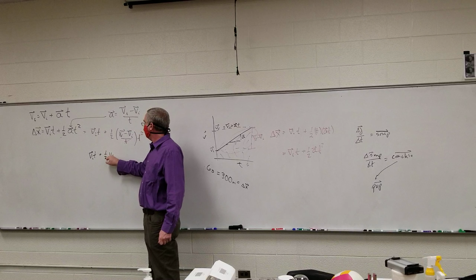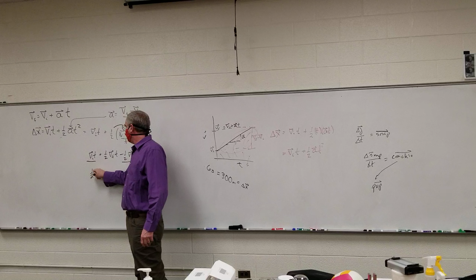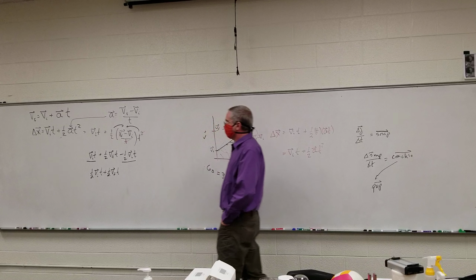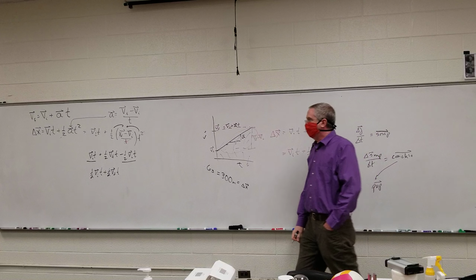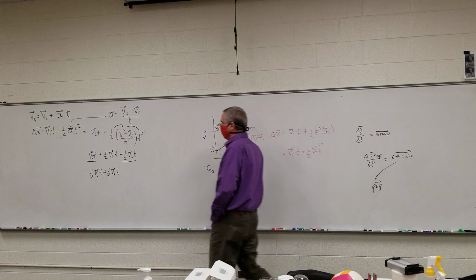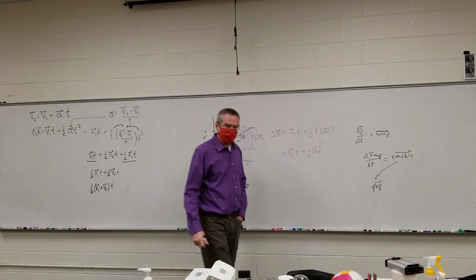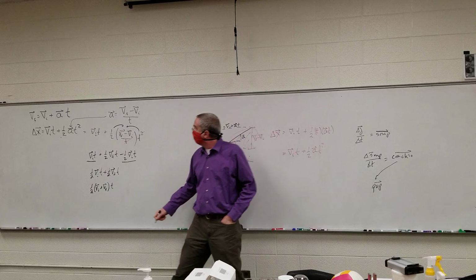And so I have a VIT here and a 1/2 VIT there, which I'm subtracting, so I end up with 1/2 VIT plus 1/2 VFT. I'm gonna factor, so I'm left with 1/2 VI plus VF times time. And that's equal to my displacement.